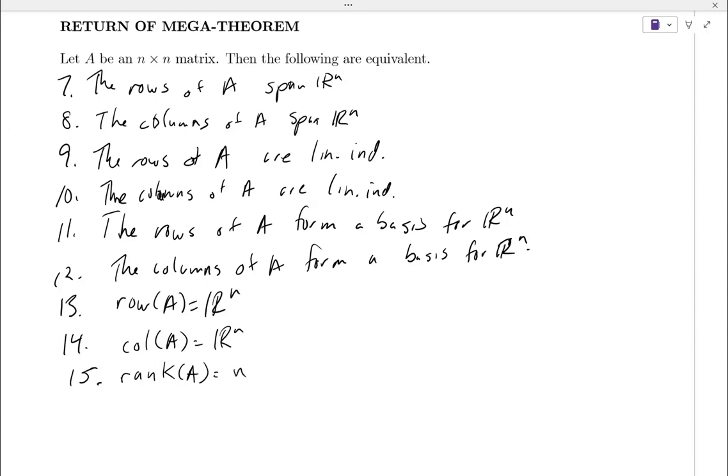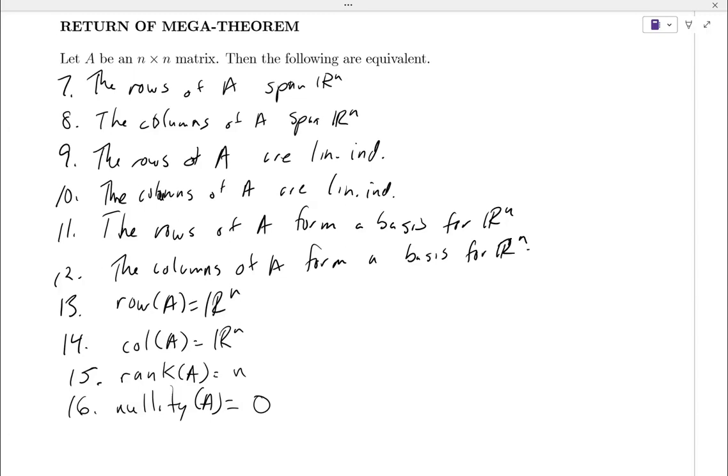Because remember, the rank is the dimension of the column space or the dimension of the row space. The dimension of Rn is n, so the rank of A is n. If the rank of A is n, what does that tell you about the nullity? It's 0. Good. Because remember, the rank plus the nullity have to give you the number of columns. The rank took up all the columns. There aren't any columns left for free variables.